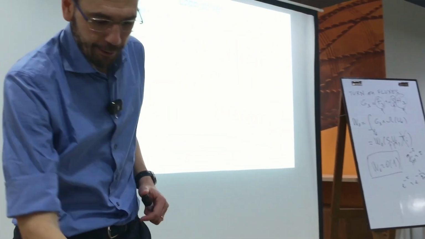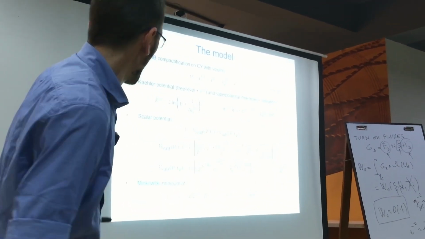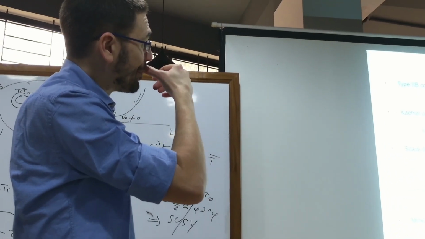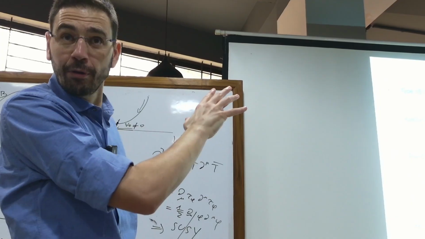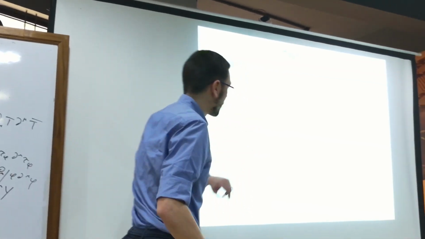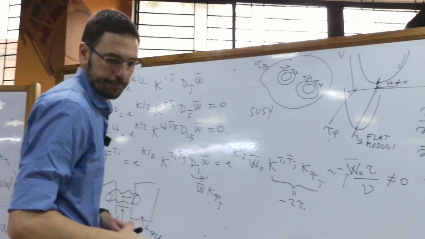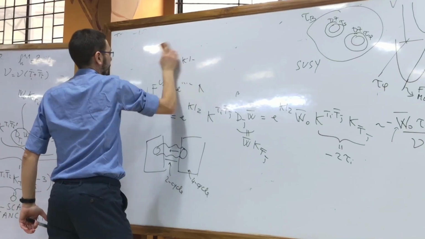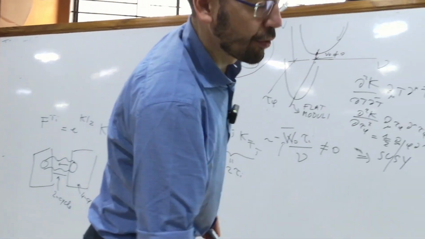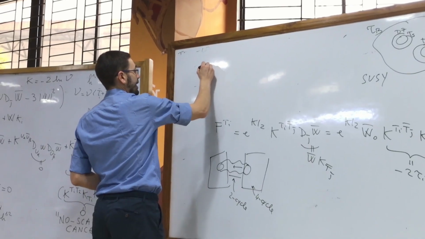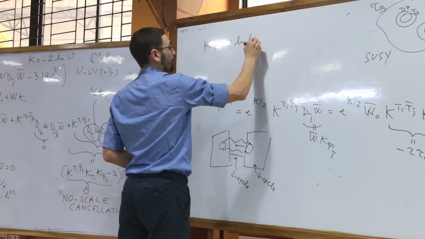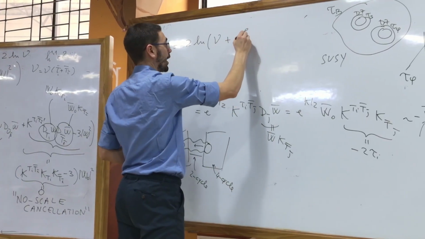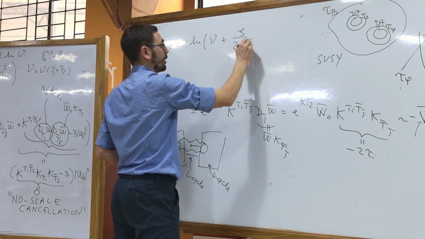If you compare them with these, this can be a bit worrisome because you see that this potential, when you expand it, K is minus 2 log of the volume plus something that goes like psi over 2 G string to the 3/2.